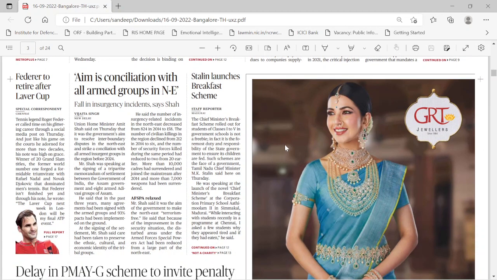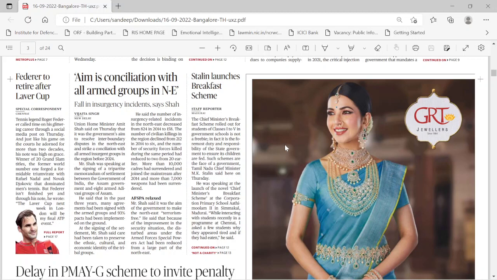Next, the aim is reconciliation with all armed groups in Northeast. The meaning of this is that in Northeast India, different groups are fighting among themselves. Forget about fighting against India or another country, most of them are fighting among themselves as well. And I'll tell you the reason.